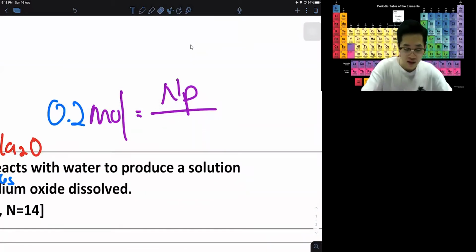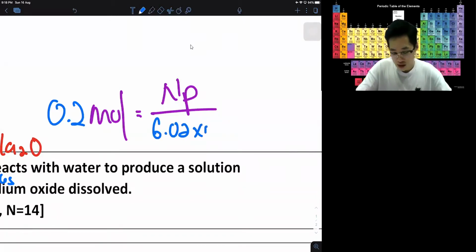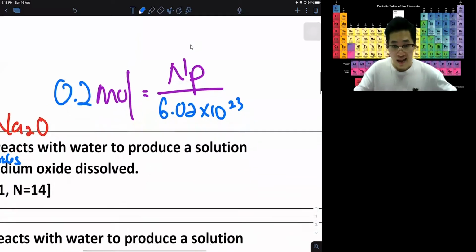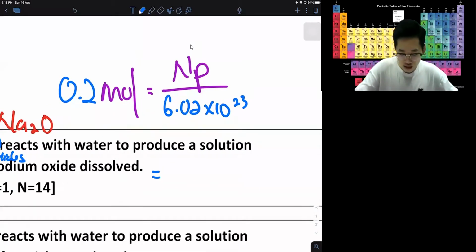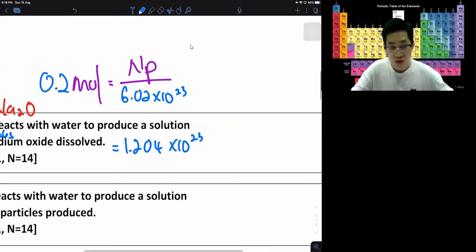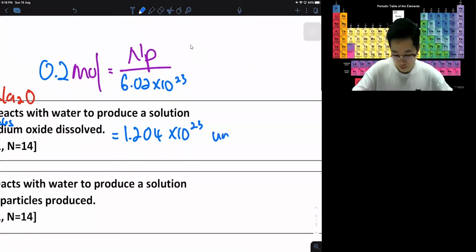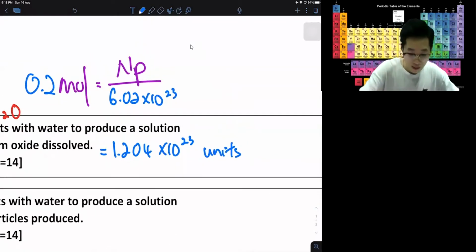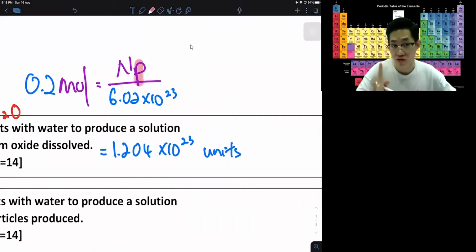That means I have to sub in the 6.02 times 10 power of 23. Press your calculator, and I am going to get 1.204 times 10 power of 23 units. Why is that the unit? Because for particles, you must write the correct unit.